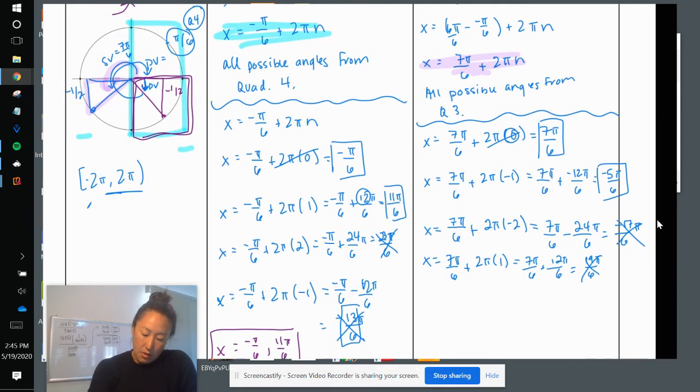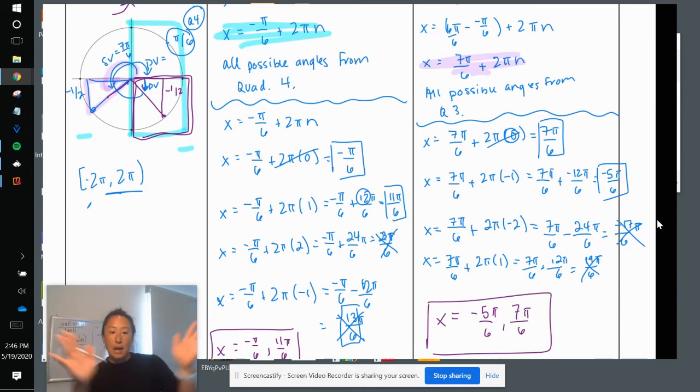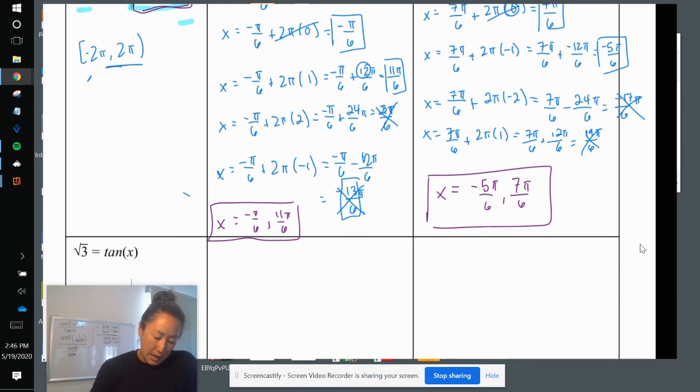So my answers from the third quadrant are negative 5 pi over 6 and 7 pi over 6 because they are coterminal angles. Bam! They will give me a ratio of negative 1/2 when I use my sine ratio. All right, next up.